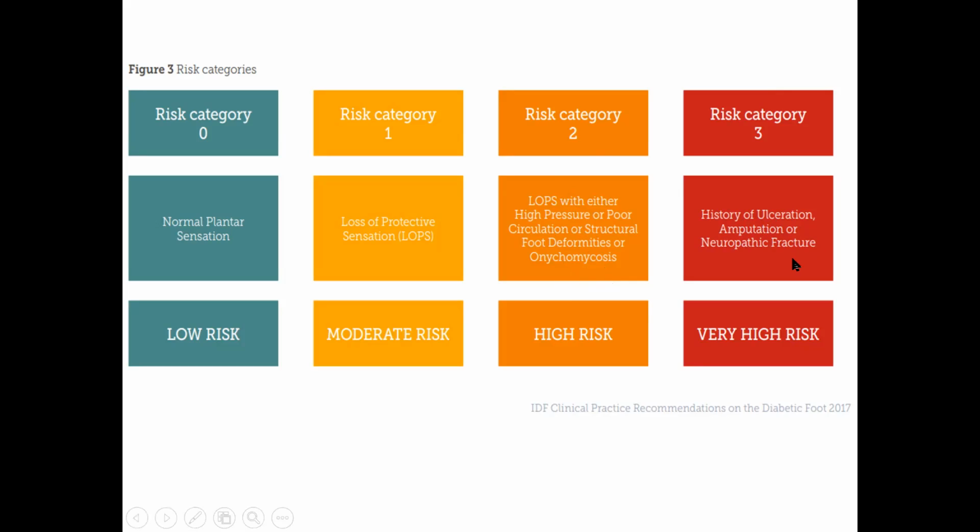Once the patient has had an experience of ulcer formation or amputation or a neuropathic fracture, which means the Charcot foot deformity, that patient is supposed to be labeled as having a very high risk of diabetic foot. So the difference between high risk and very high risk is very clear. There is a history of amputation, ulcer, or fracture, which is important, which you have to take and explain.